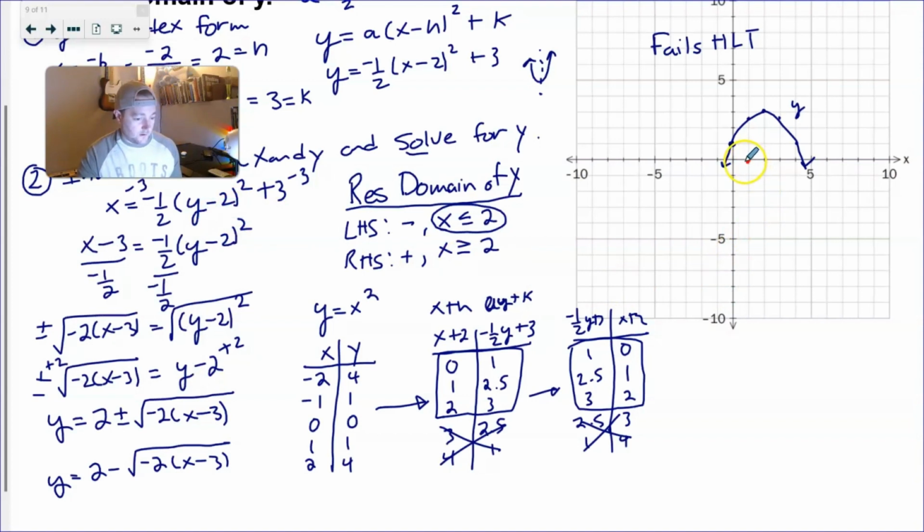And then 2.5 and 1 right here. And then 3 and 2. There's our y inverse, such that it is a function and it passes the VLT.